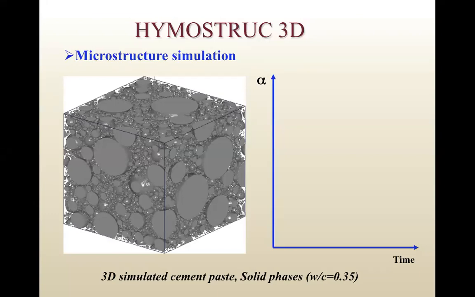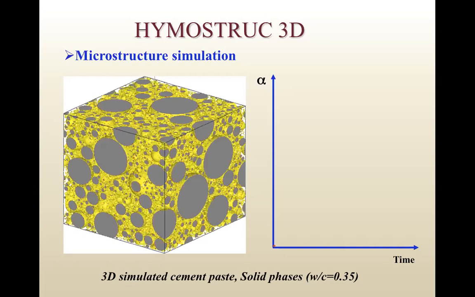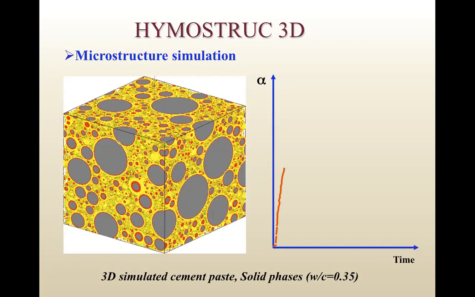It simulates the hydration process of cement. The gray color is cement particles with different sizes. Water is everything in between. The yellow color, I believe, is water. The red color, as you can see, is the hydration product precipitating on the surface of the cement grain. These are free software.